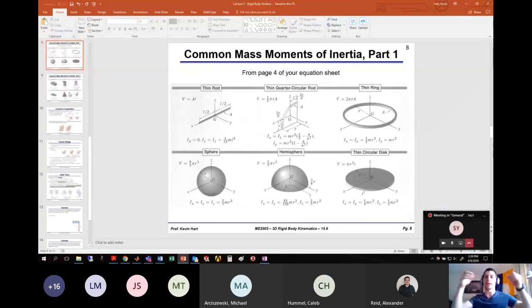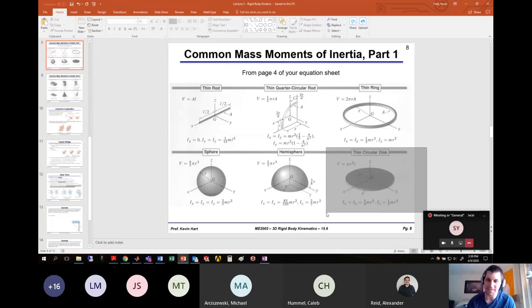They're also in this slide deck. Here in the slide deck, common mass moments of inertia, here's our thin circular disk down on the right-hand side. We're spinning this disk about the z-axis, which passes through the center of gravity.